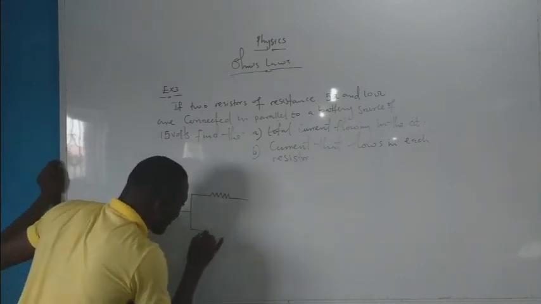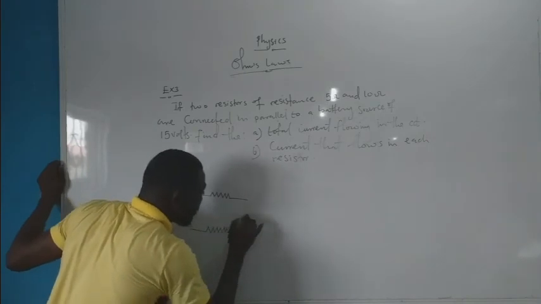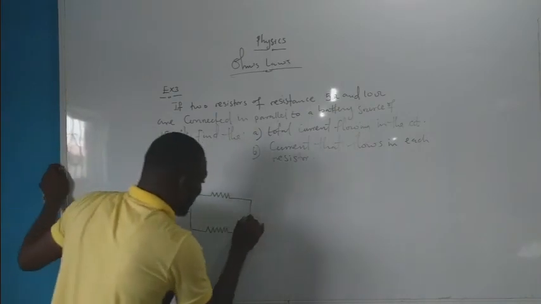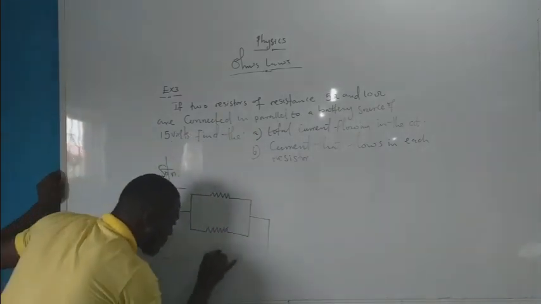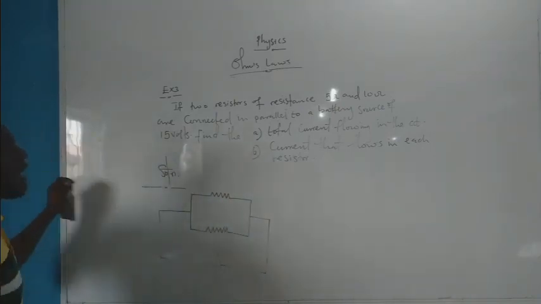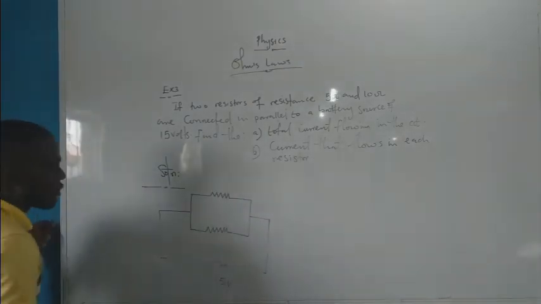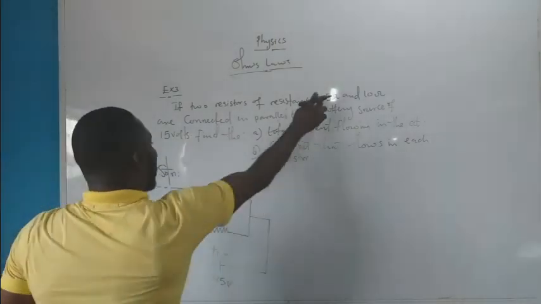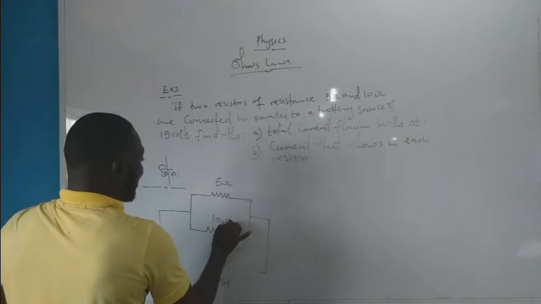So this is a parallel arrangement, with a battery source of 15 volts. R1 is 5 ohms. R2 is 10 ohms.